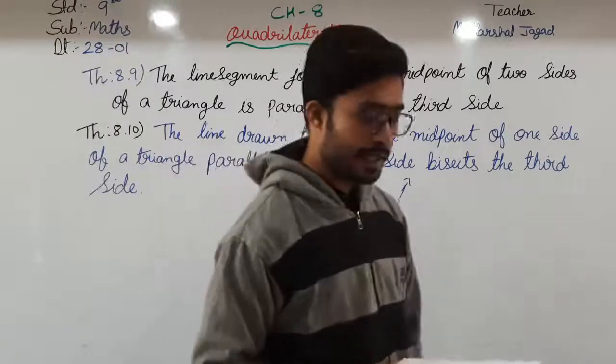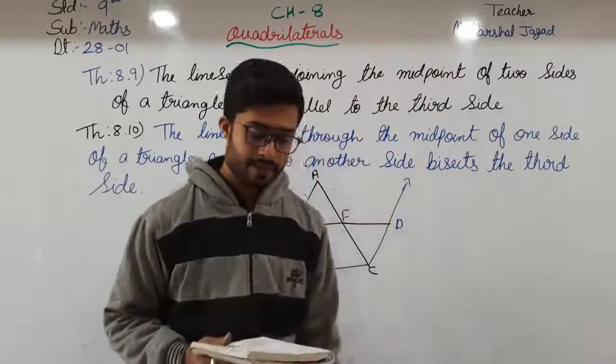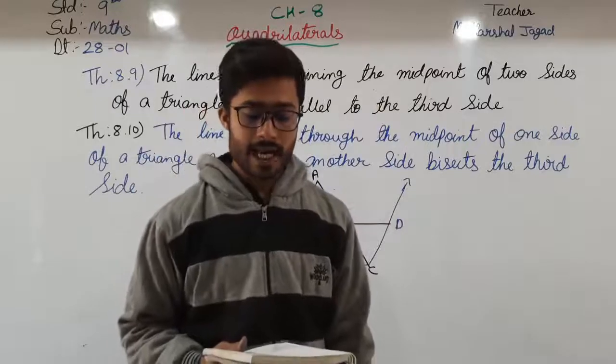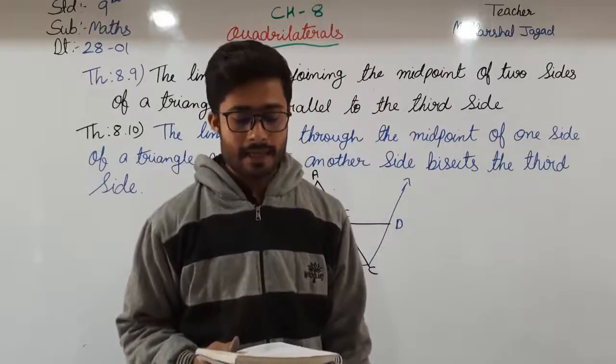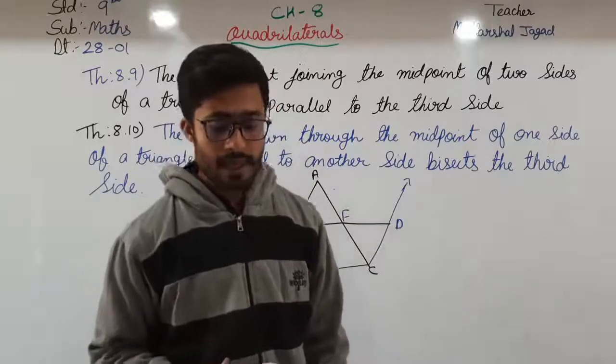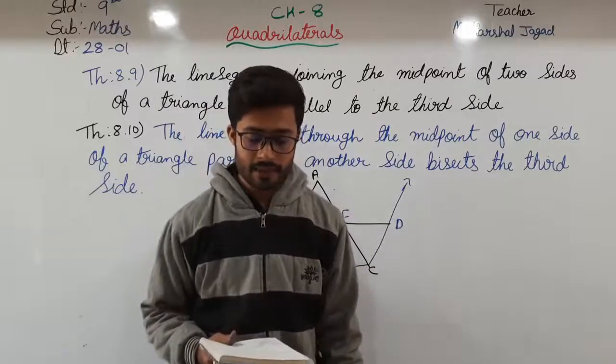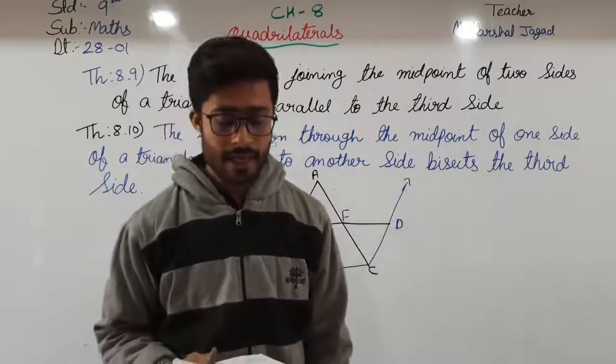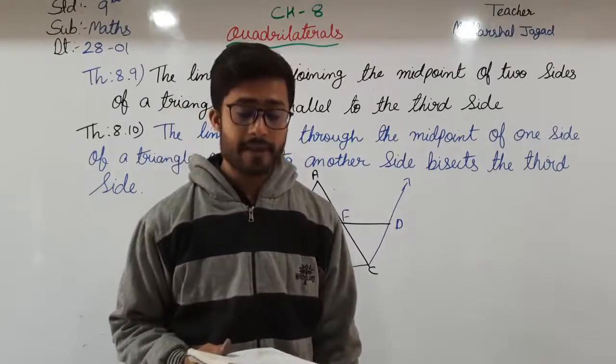So observe that E is the midpoint of AB, the line passing through E is parallel to BC, and CD is parallel to BA. We have to prove that AF is equal to CF by using the congruence of triangle AEF and triangle CDF.